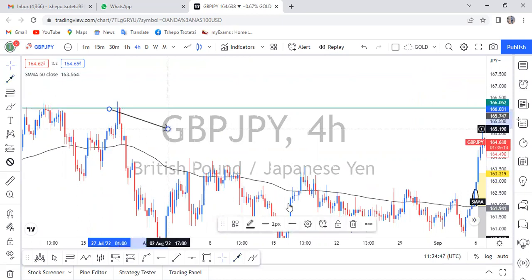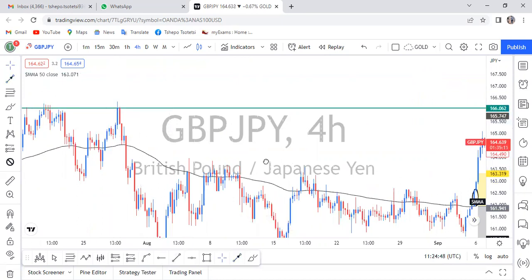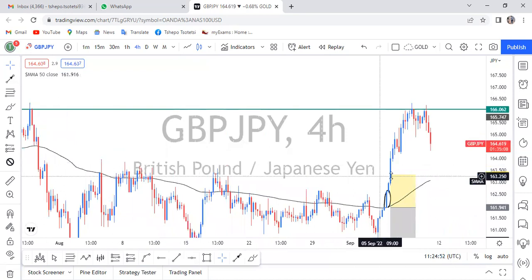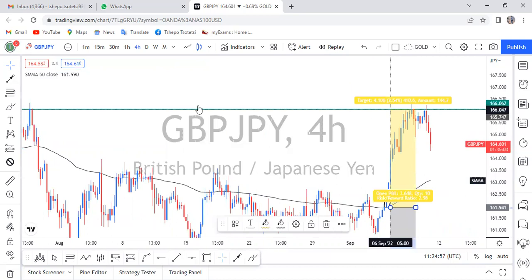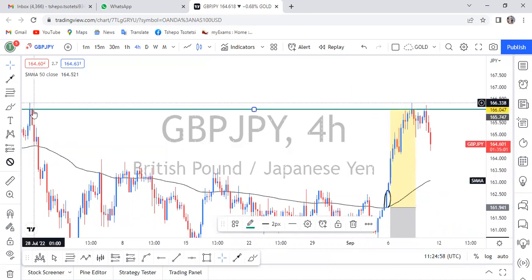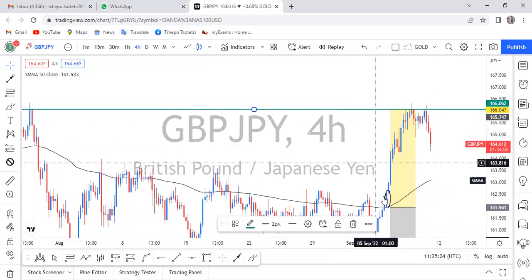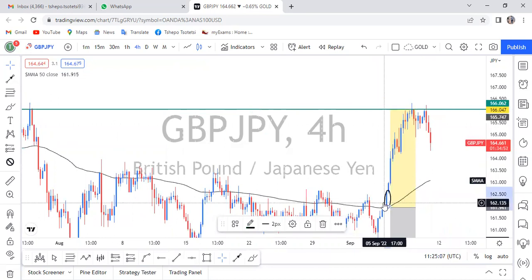It reverses. So when you say, okay, I'm going to make an entry, I don't know where to exit, you look left and say, okay, I'm going to exit here, looking at this price level. You see when price gets here, it reverses. So you can use support and resistance for entry and exit.